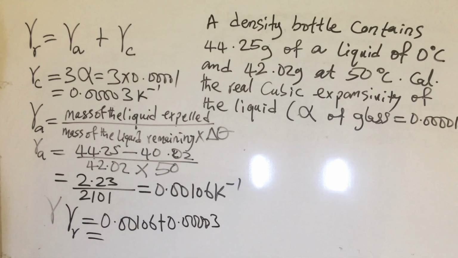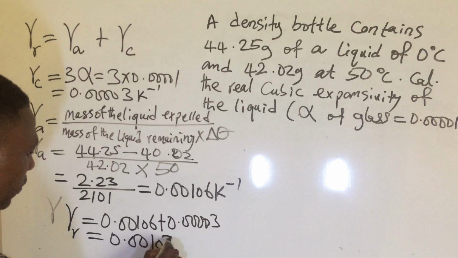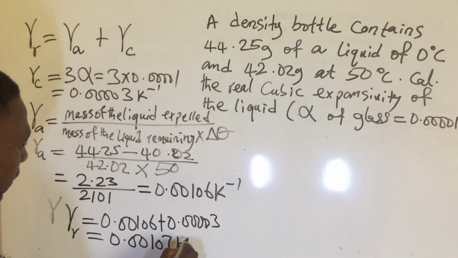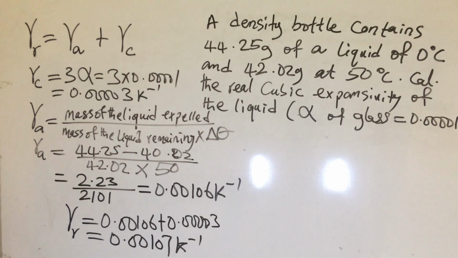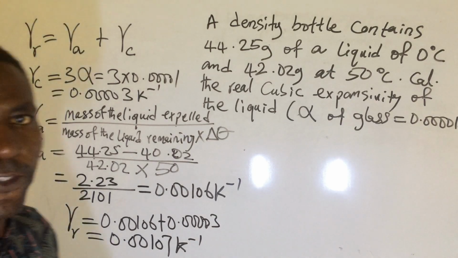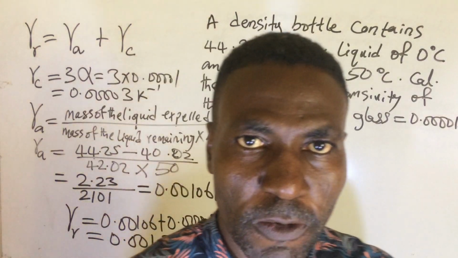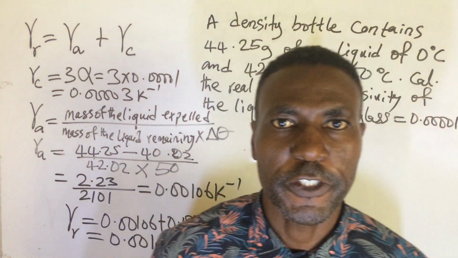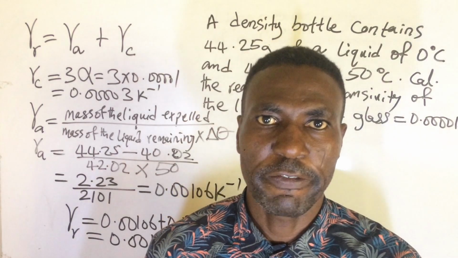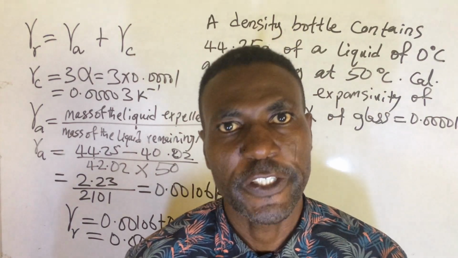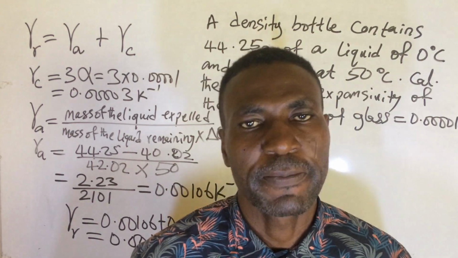When we add it, it gives us 0.00109 per Kelvin. So that is the real cubic expansivity they are asking for. That's how to solve expansion in a liquid, so the solving is different from expansion in a solid.